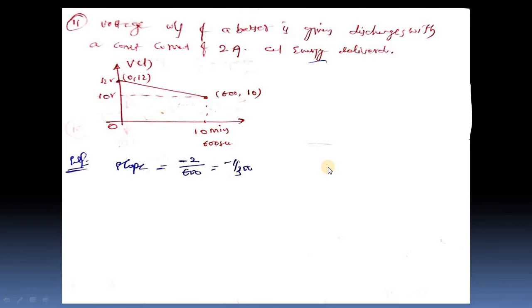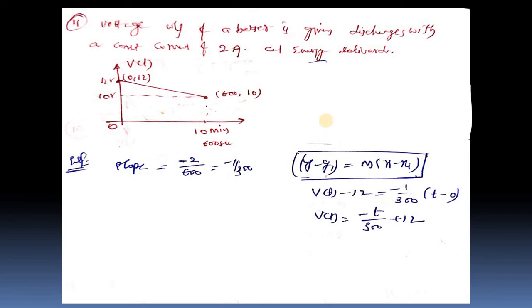The equation for a straight line when a point and slope are given is y minus y1 is equal to m into x minus x1. Here x1 and y1 are 0, 12.